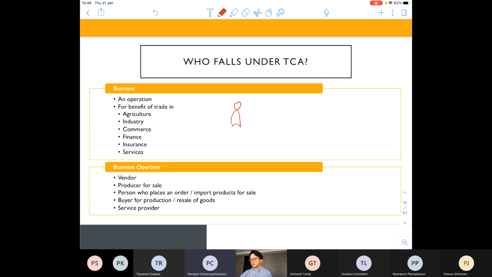So it's not a firm, okay? It's not a firm as a juristic person who is the subject of this particular act, but it is this concept of single business entity.